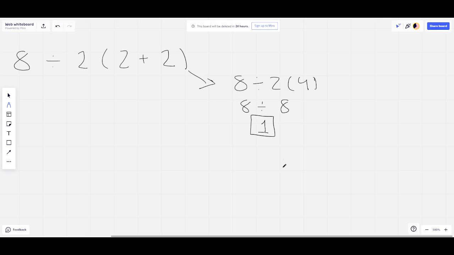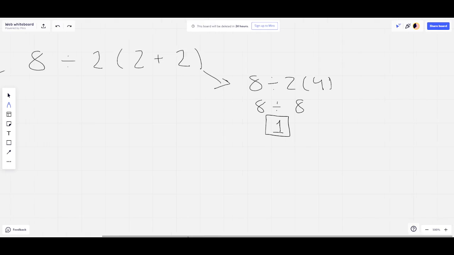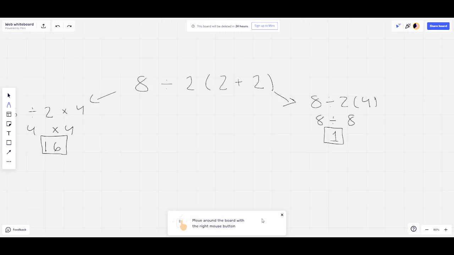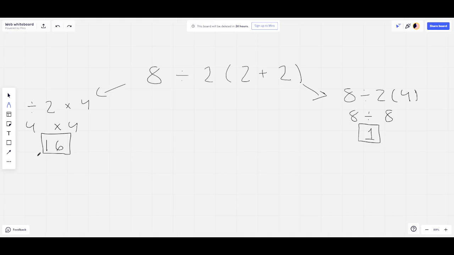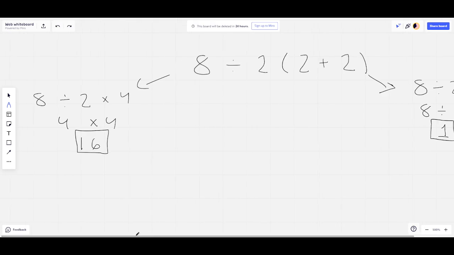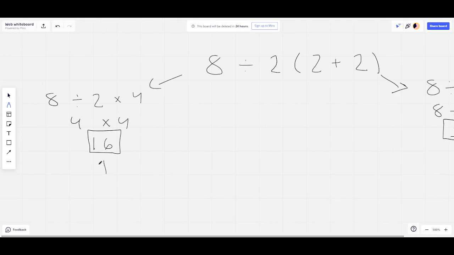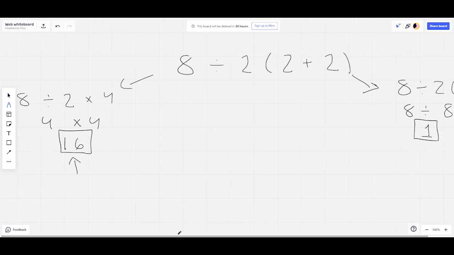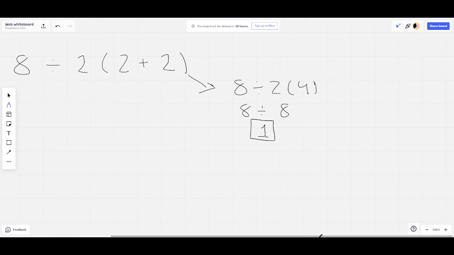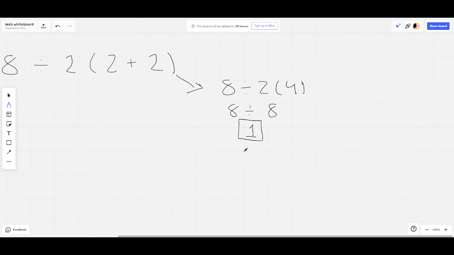Now, neither of these answers on their own are incorrect, looking at this problem. But if you were in an elementary school or middle school math class, this would be the correct answer. And if you were in a high school late algebra or college level calculus class, this answer would probably be more correct.